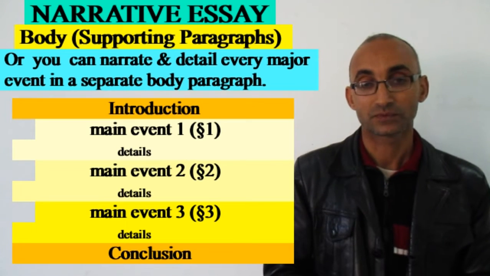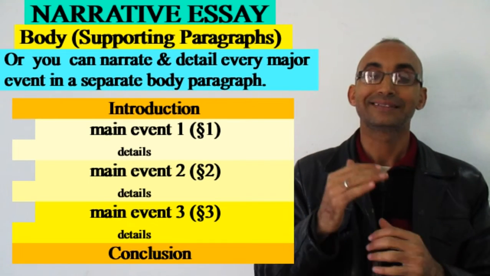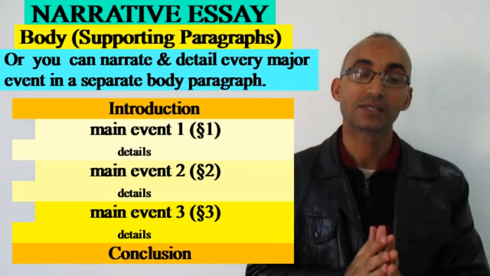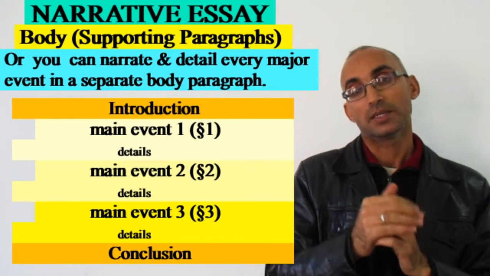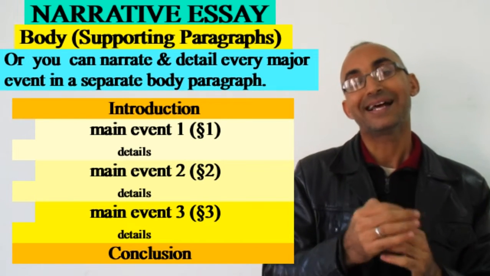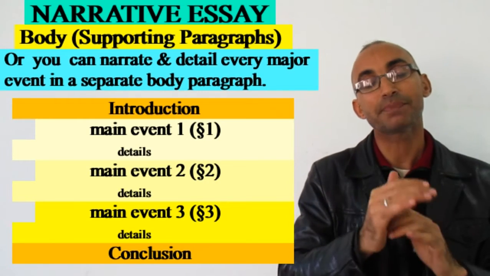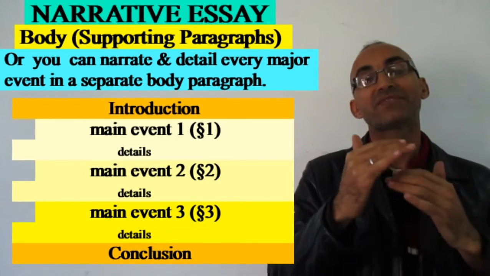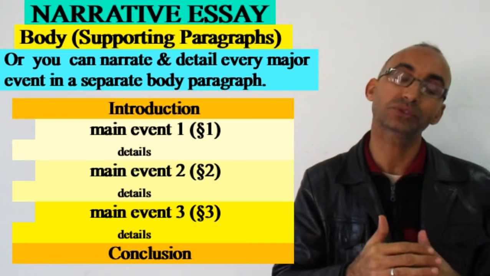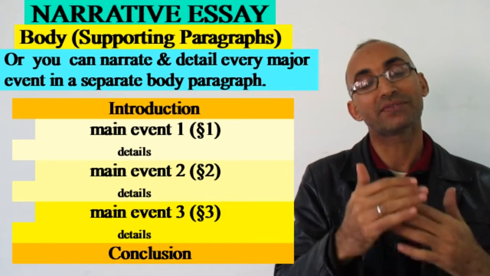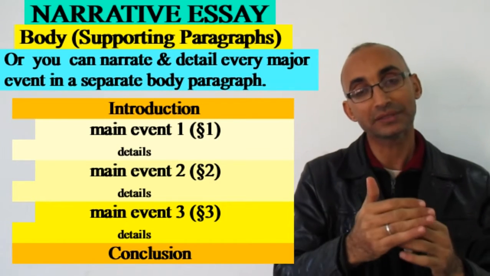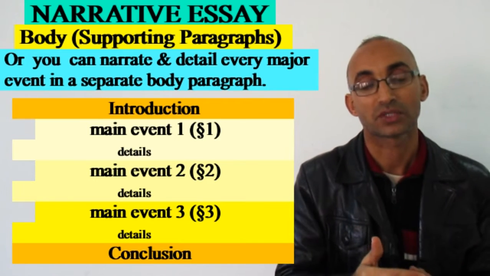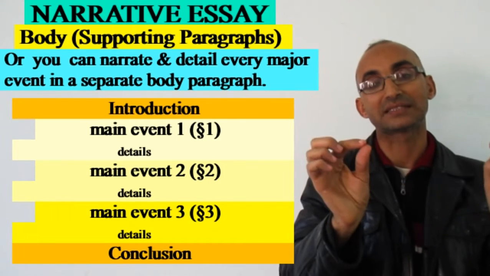Clear? Right. So here, normally, you should divide the body of the essay into paragraphs, and in every paragraph, you develop and discuss one of the major events of your story. And of course, these paragraphs and these major events should be ordered chronologically. The first paragraph about, for example, the first event.